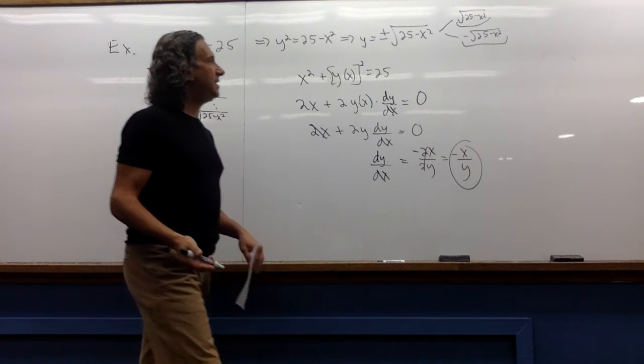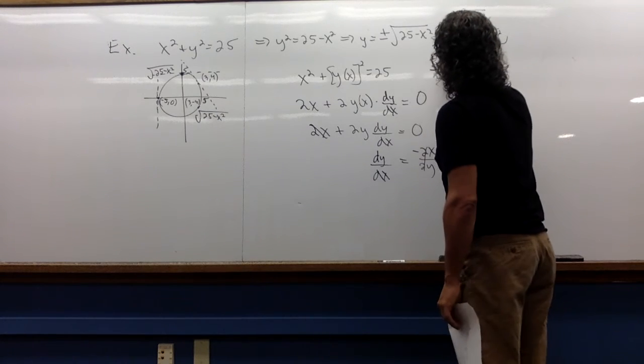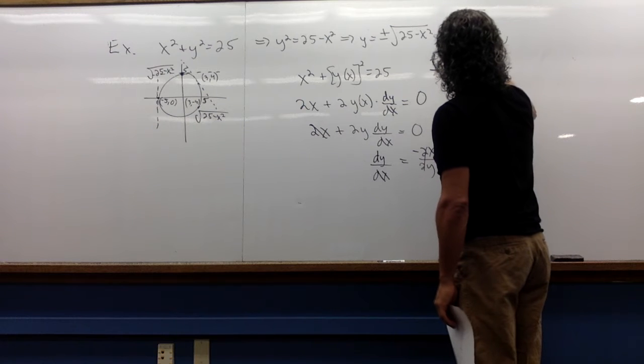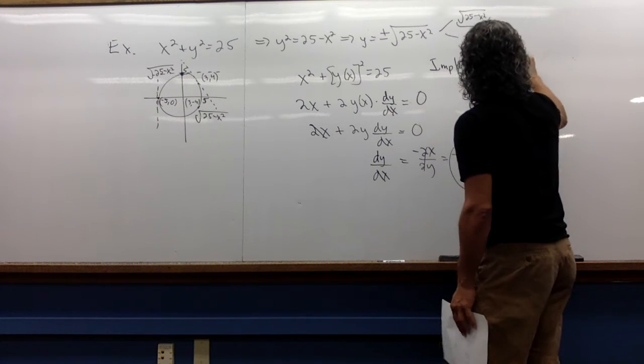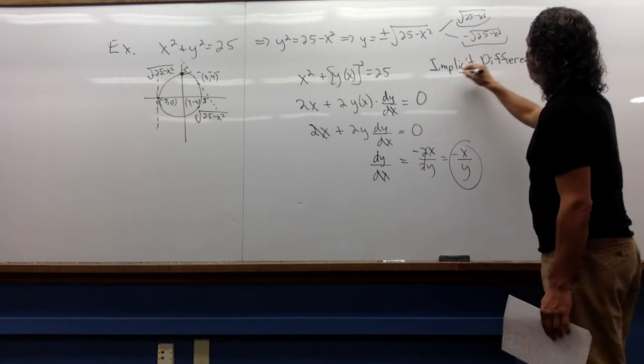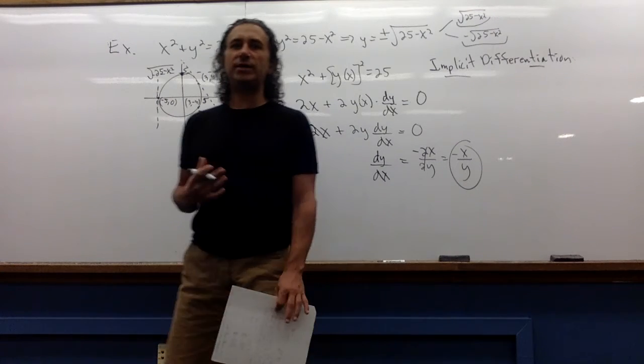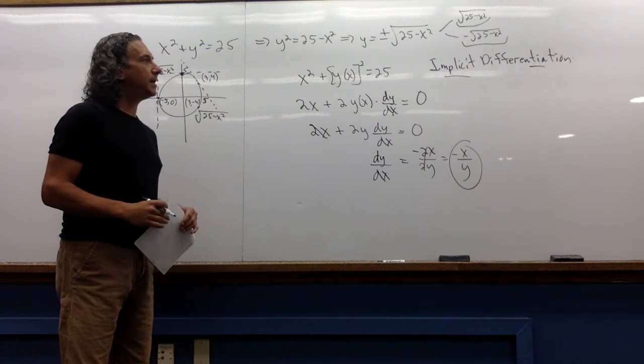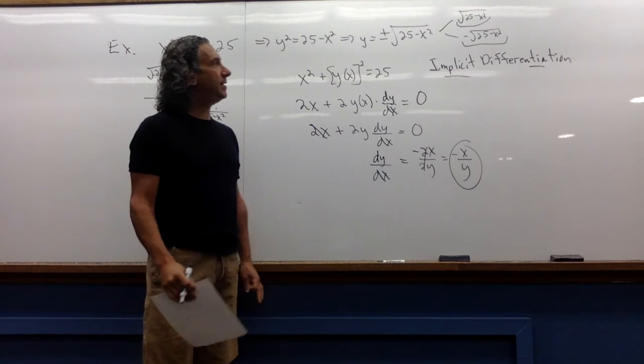So what we've just done here is called implicit differentiation. Again, the idea is that there's not an explicit relationship between x and y, but there is a relationship.